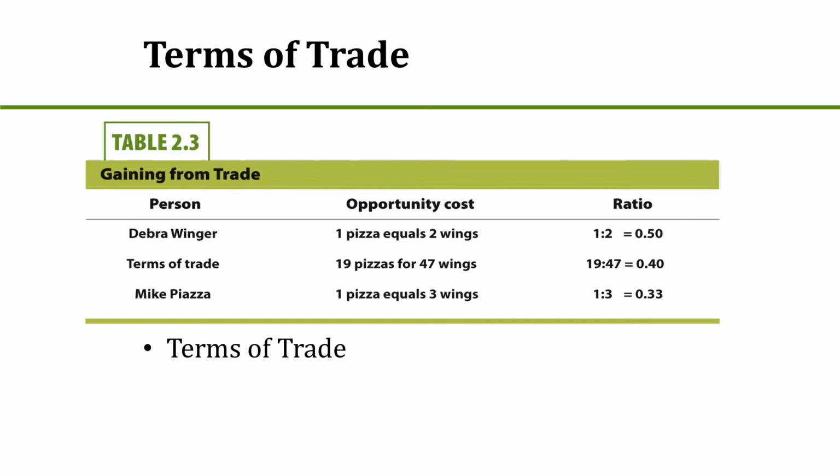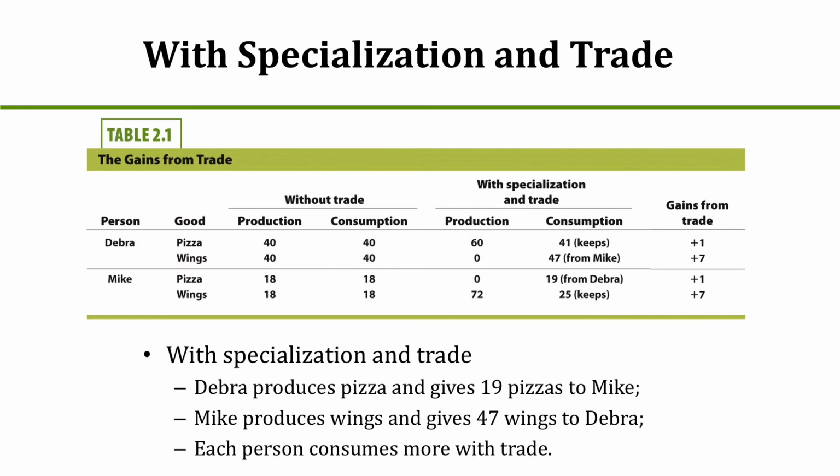So in this slide, I'm trying to explain how I came up with these numbers, 19 and 47. Remember the previous table. In the previous table, I picked this 47, 19. I decided how much they will consume and how much they will give to each other.